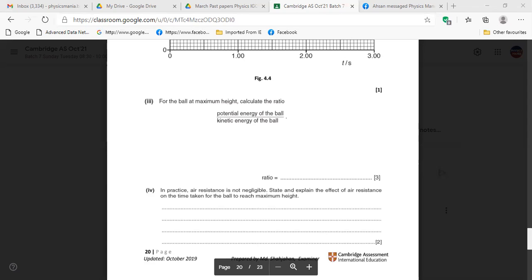So the maximum height you are getting here will be less. Why? Because you are not allowing it to go more up, because of the air resistance. Is it clear? Yes, sir. So you are taking less time, right? Yes, sir. You are having less time to reach maximum height.